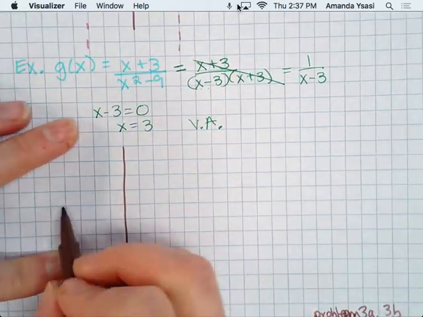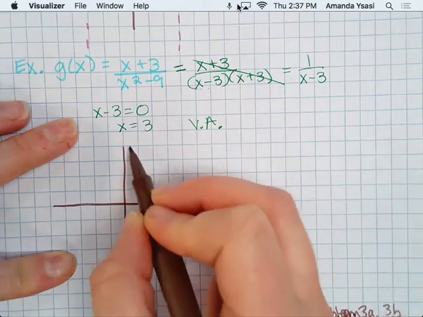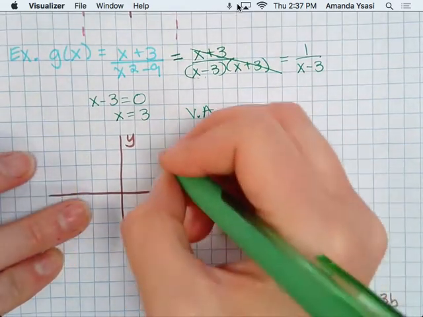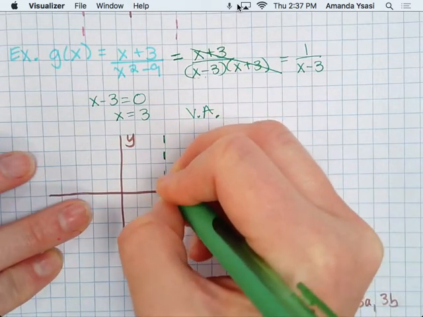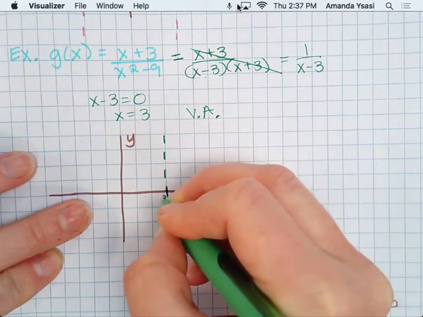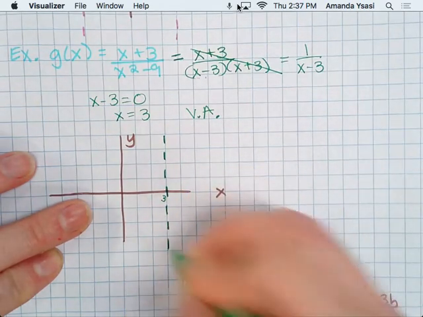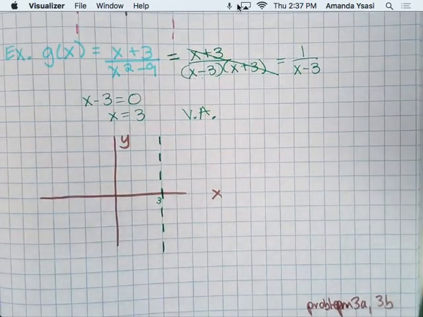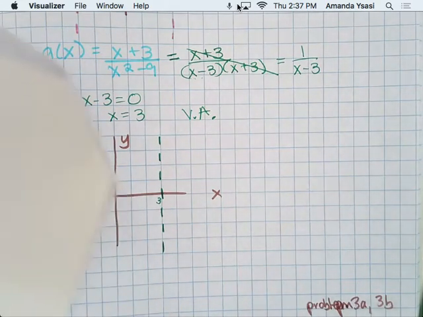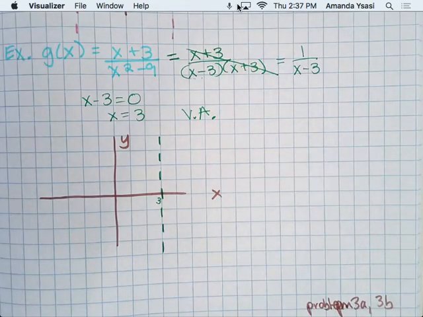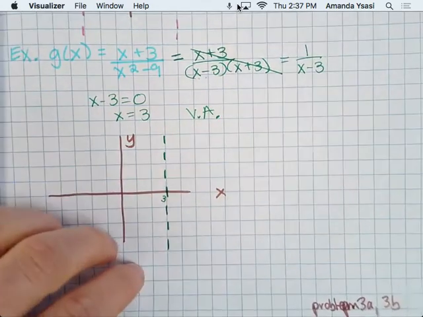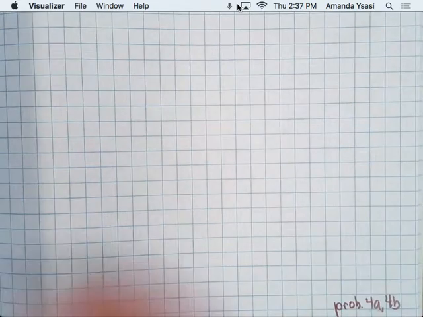So whenever you graph it, you'll only have a vertical line at the 3. Okay, let's go to horizontal asymptotes now.